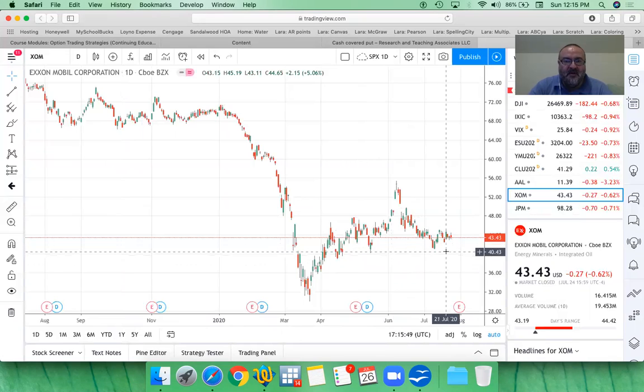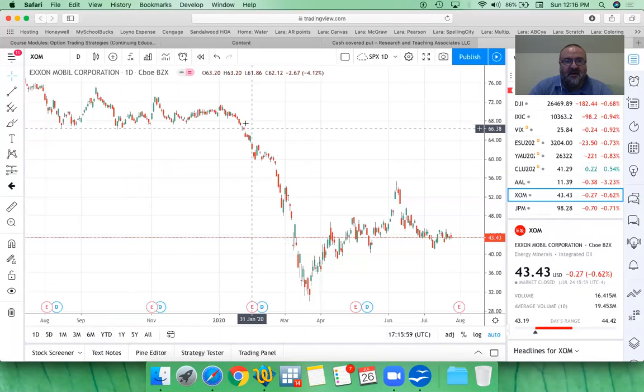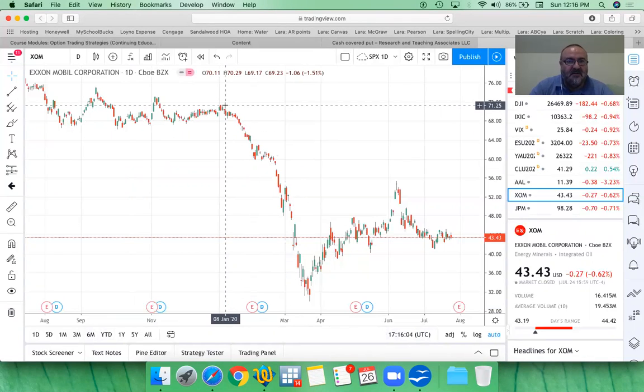So this is the Exxon price on a daily for the past year, about past 12 months. And because of the coronavirus, the economies have suffered significantly, and therefore the oil prices have come down, and along with it took the oil companies with itself.